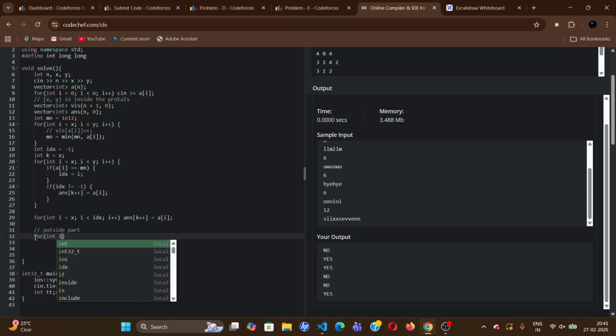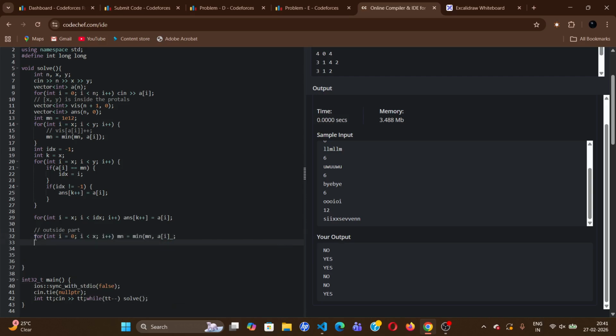Now this will be the minimum between the first and the x position. Yeah, okay.